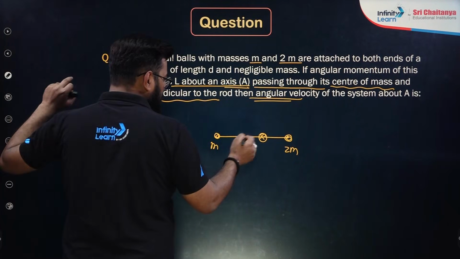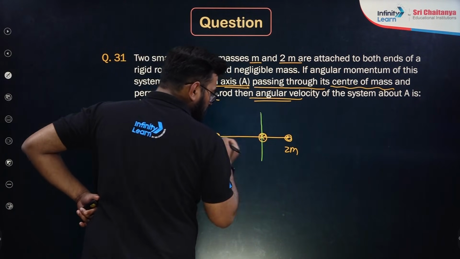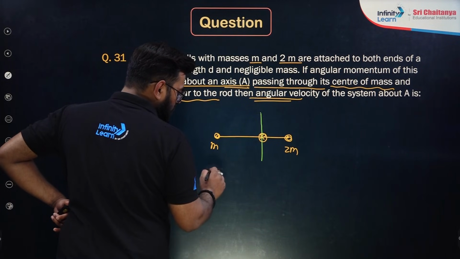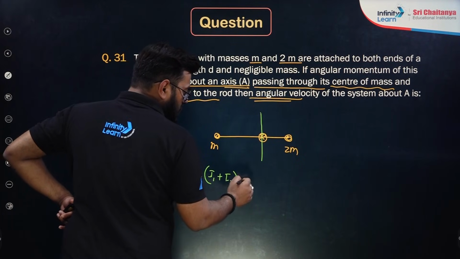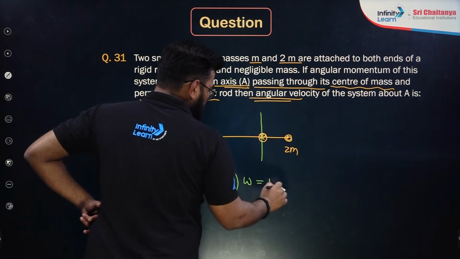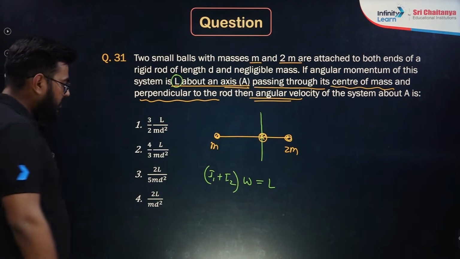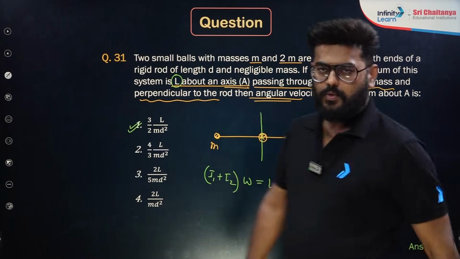Now, once you have decoded R1 and R2, you can very easily find the moment of inertia about this axis, right? The moment of inertia will be I1 plus I2. The moment of inertia into omega will give you the total angular momentum, which is L. So basically you just need to divide, and omega will be calculated. The answer over here is going to be option number 1, 3/2 L upon m d square.